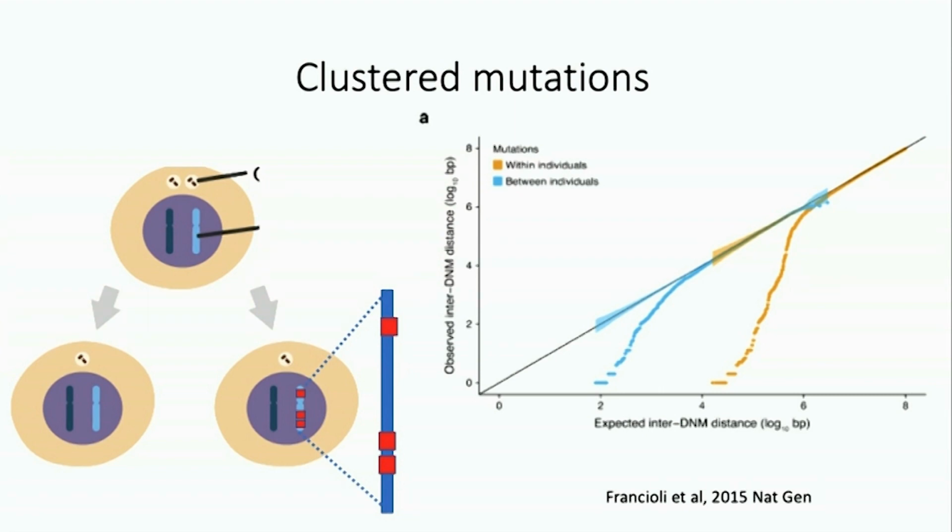And what was found is that if you look at mutations within one individual, the frequency of mutations at very short distance is much higher than if you compare mutations from non-related individuals. And this is probably a sign of non-independence of mutations, not because of variance in mutation rate, but because of some drastic events that caused many mutations simultaneously.